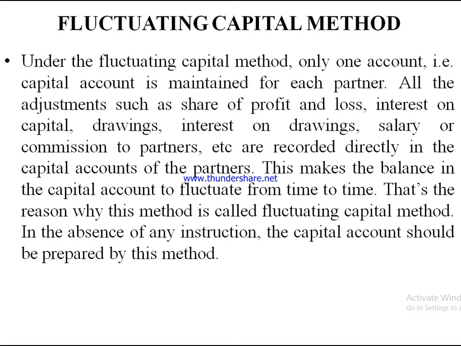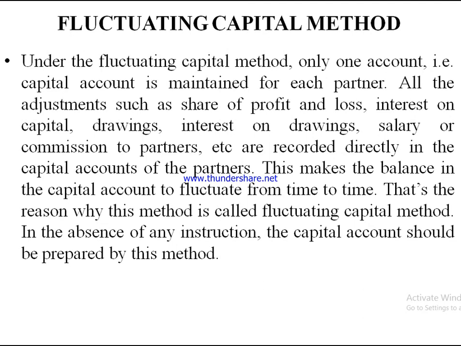When we see the format, if you look carefully, the fluctuating capital account is the combination of capital account and partner's current account. Combining both of these accounts, we get the format of fluctuating capital account.